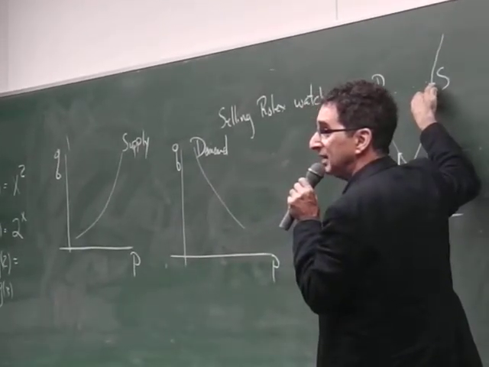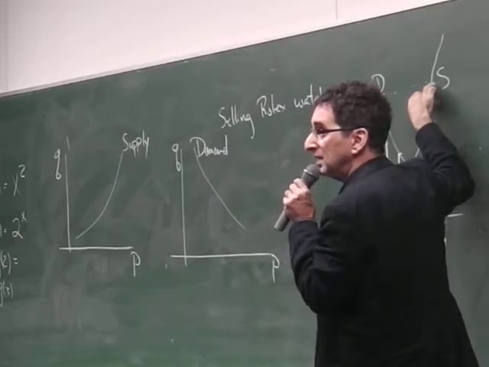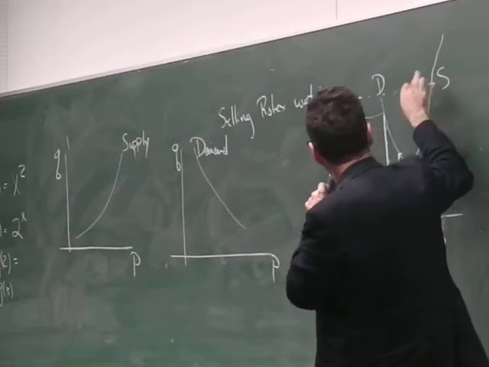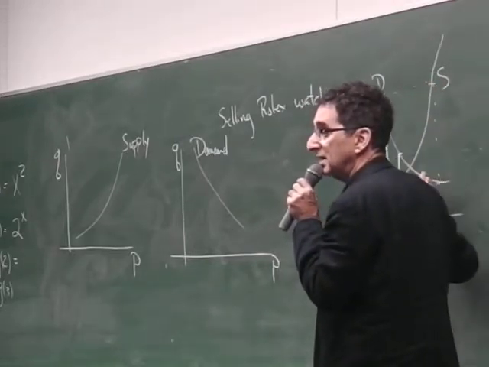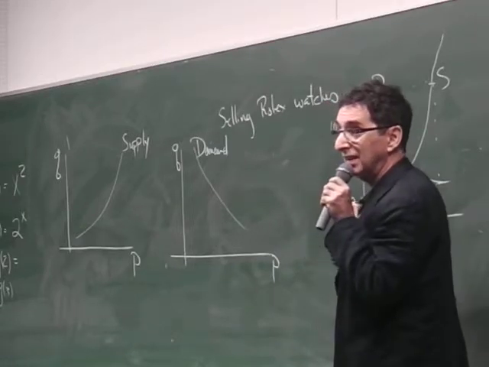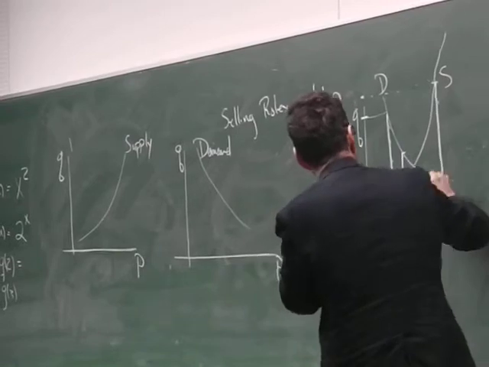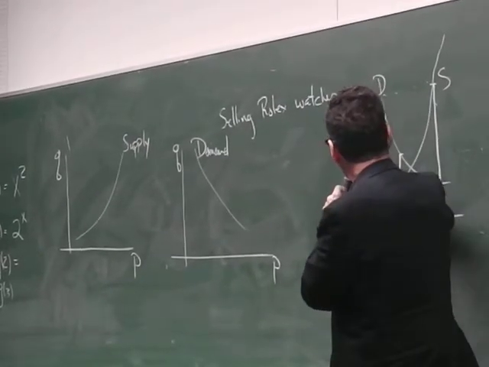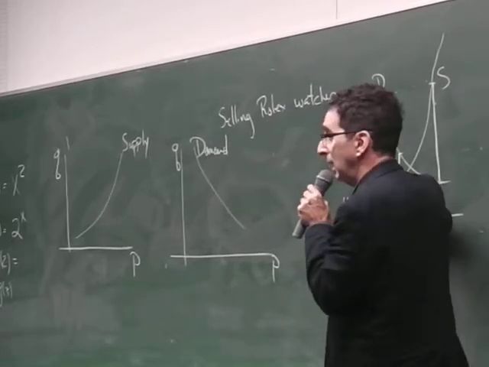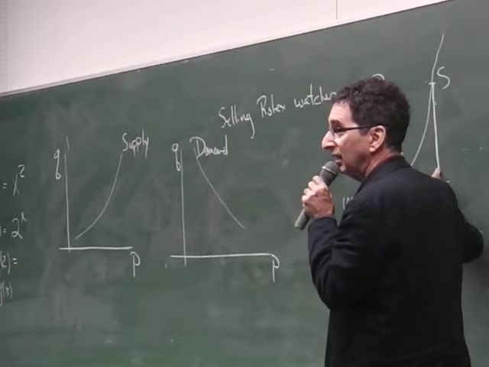There's excess supply, right? There's more supply than demand. And what's the excess? If this is 1,100 and this is 100, the excess supply is 1,000, right? So the excess supply is the length of this line. Everyone agree? So this is excess demand, or shortage, and this is excess supply.